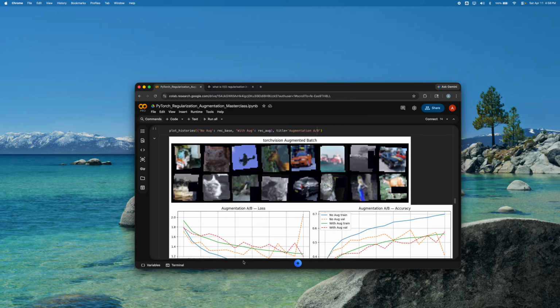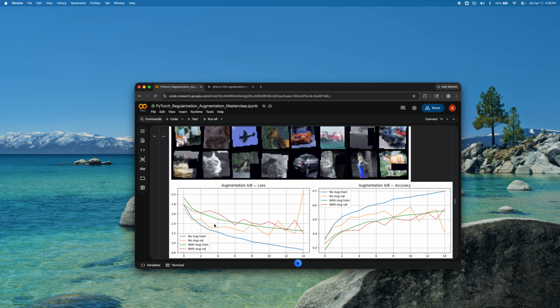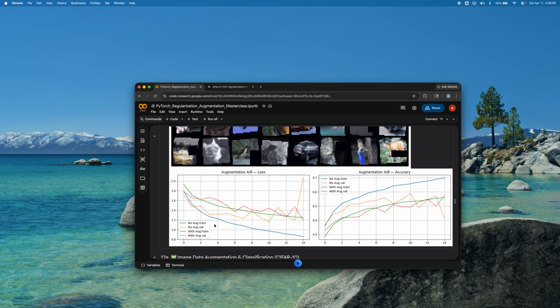Now we did an A/B test training a CNN with augmentation and without, and here you can see the loss and accuracy for it. Here you can see without augmentation and with augmentation, train and validation.